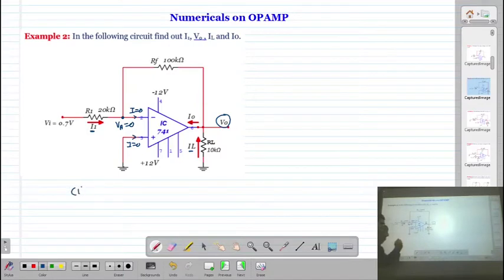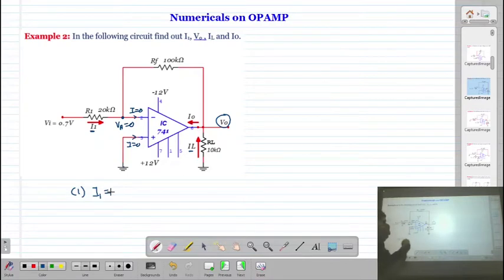First of all, I1 is given by the potential difference across R1. The current is flowing from VI to VA.